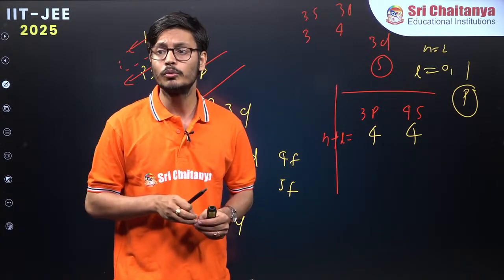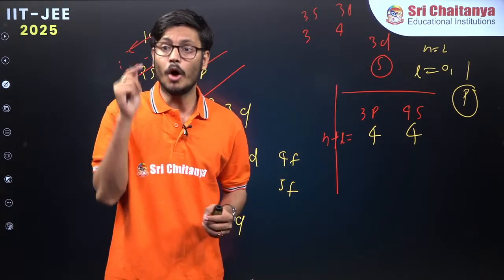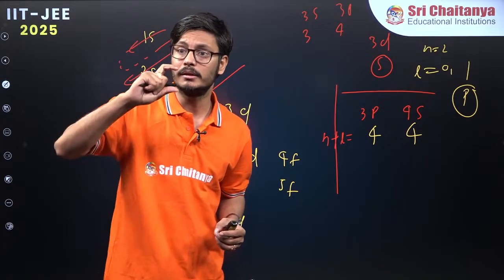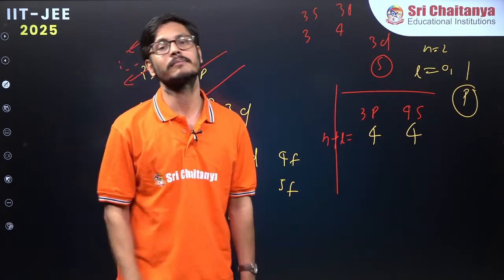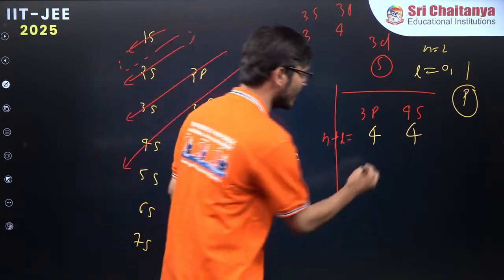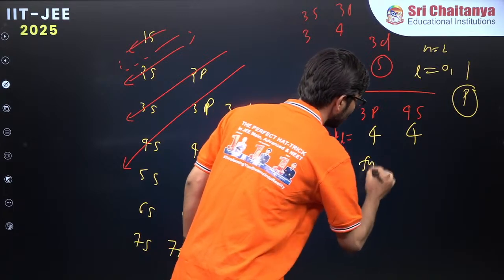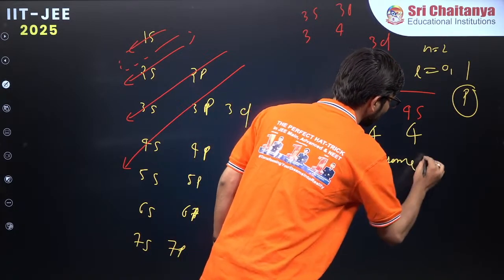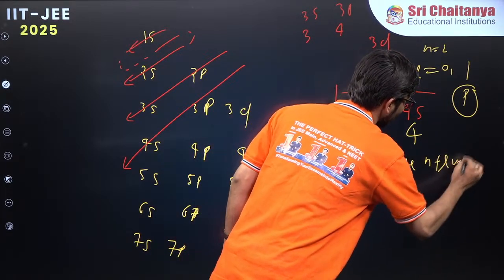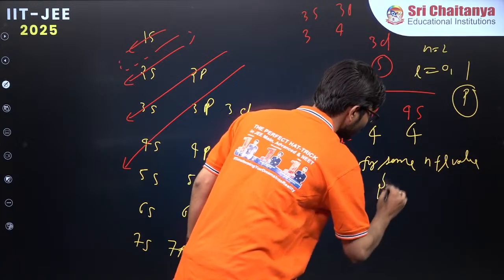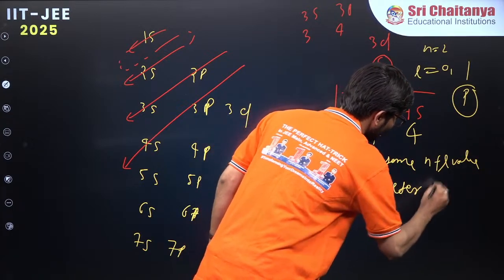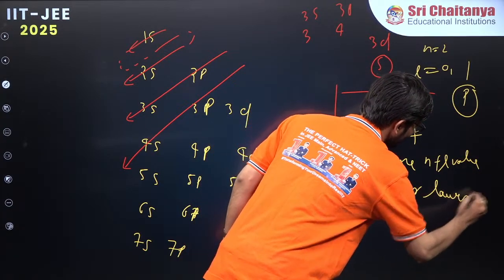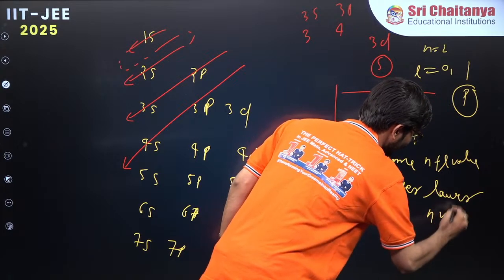Now remember, you always go with the lower orbit, because the energy of the lower orbit will be less. For the same N plus L value, prefer the lower N value.